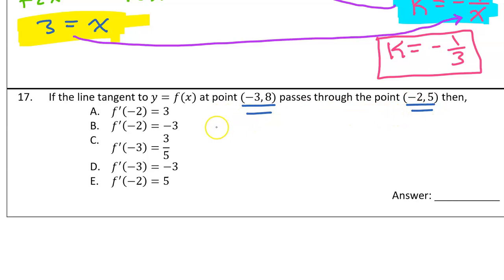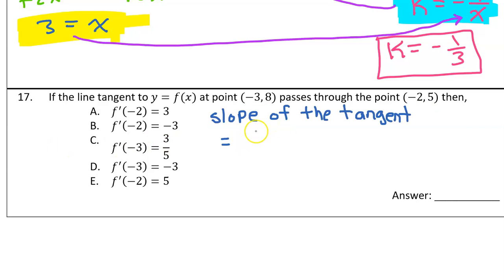We should be able to easily find the slope of the tangent line, because that's y2 minus y1 over x2 minus x1. So here we go. I'm going to do 8 minus 5.